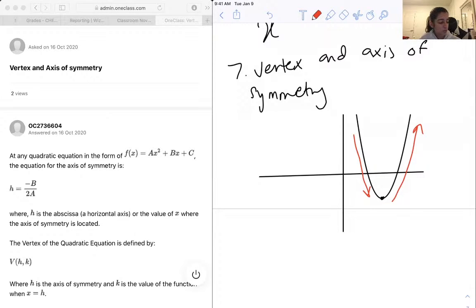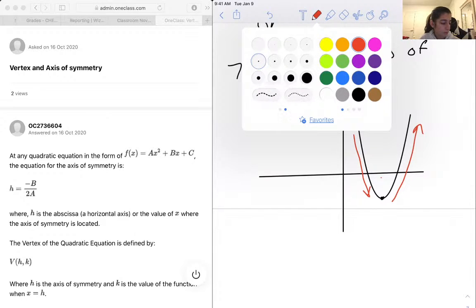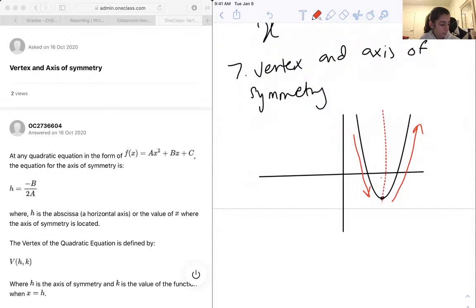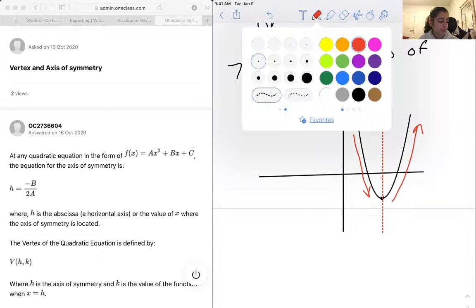The axis of symmetry is a line that divides your function into half, right there. So that right there is your axis of symmetry.